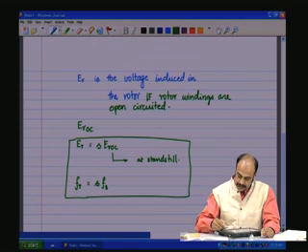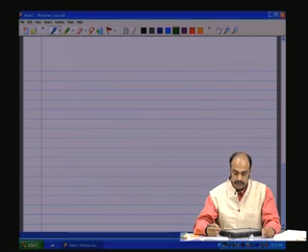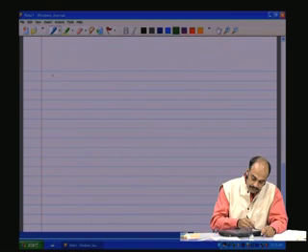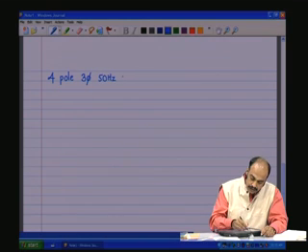Now let us clarify this speed, slip and the rotor frequency with a small example that I have here worked out. Let us take a 4-pole 3-phase 50 hertz induction motor.